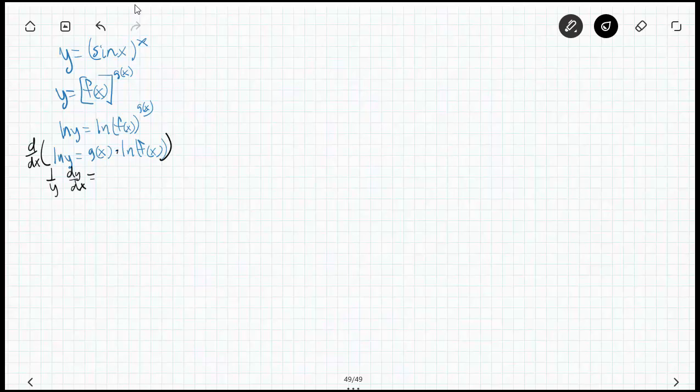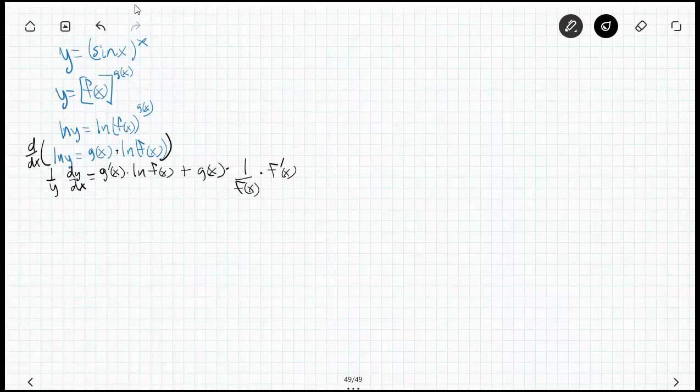Now this is a product, so I've got to be careful. This is going to be g prime of x times the natural log of f of x plus g of x as it stands times, now we've got to be careful here, a little chain rule, 1 over f of x times f prime of x. That's pretty cool, that's pretty easy. Now look what happens.